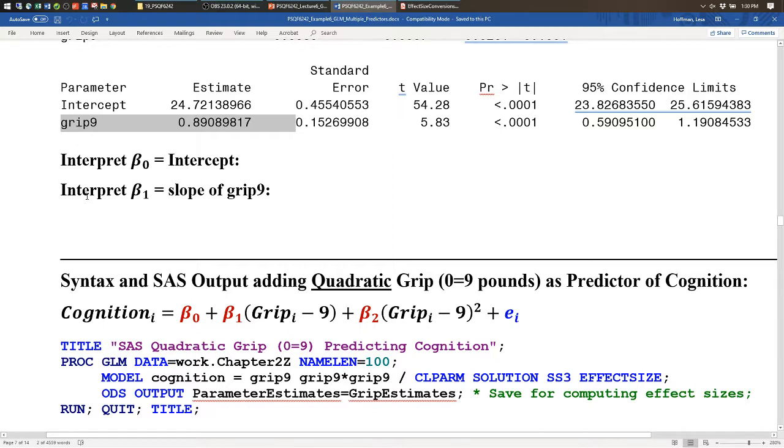Okay, so for every, what's a unit here? Every pound per square inch more that you can squeeze, your cognition is higher by 0.9.